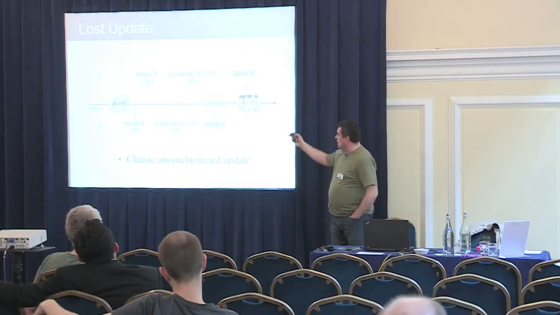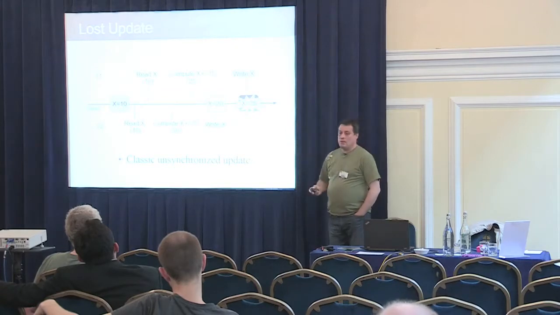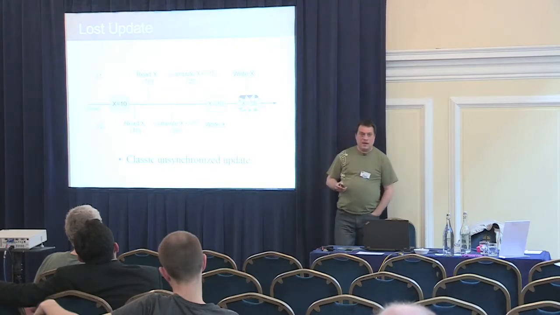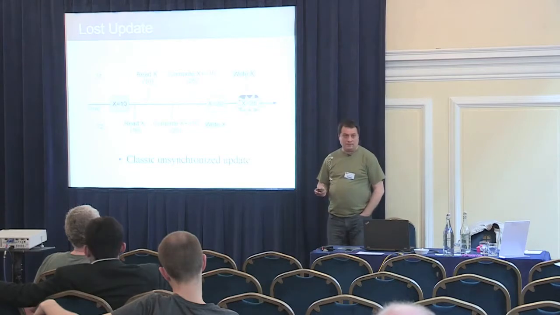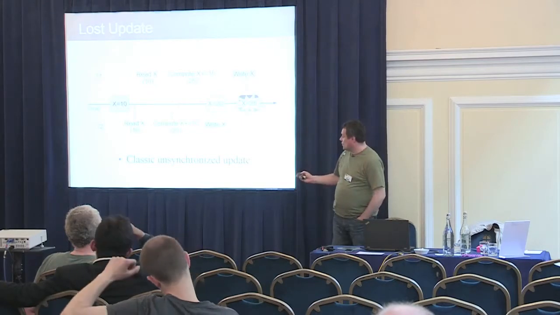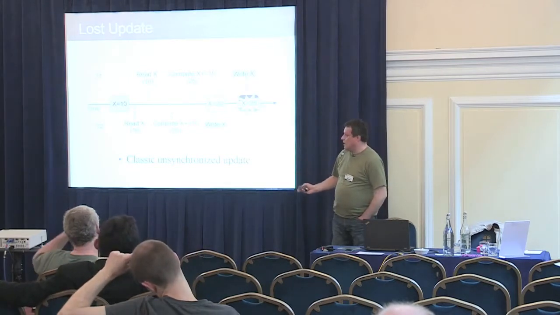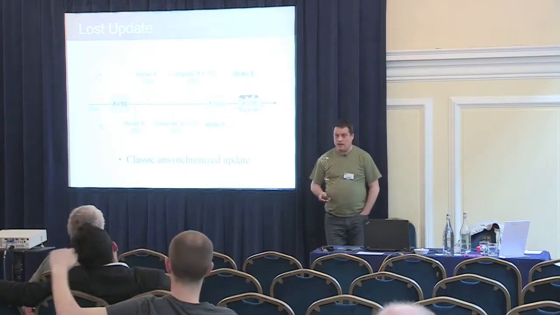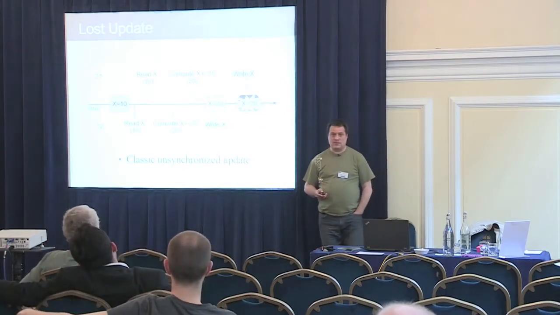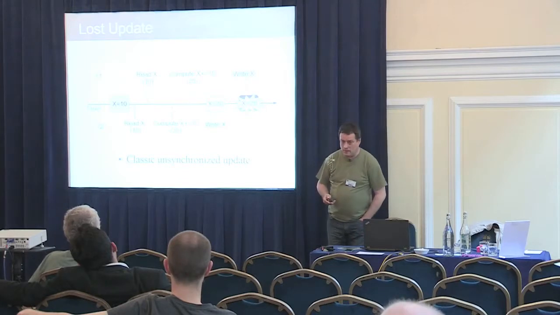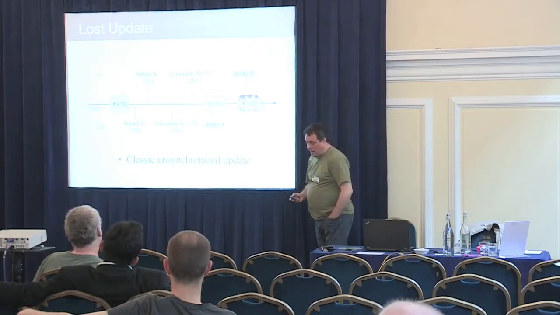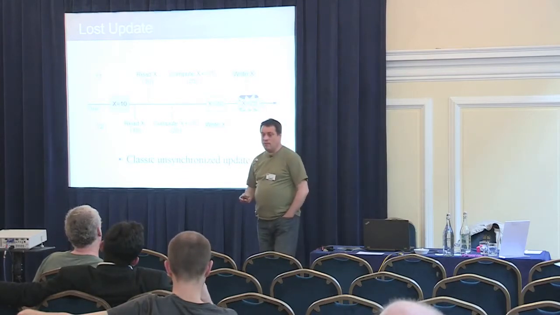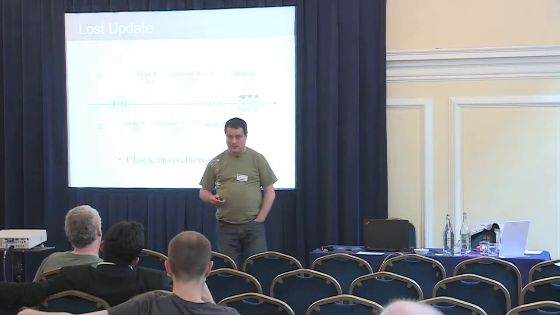And of course, transaction 1 wrote its own update after transaction 2. So this update, X equal X plus 10, was lost. So this is lost update, which is by ANSI standard forbidden for relational database management systems.